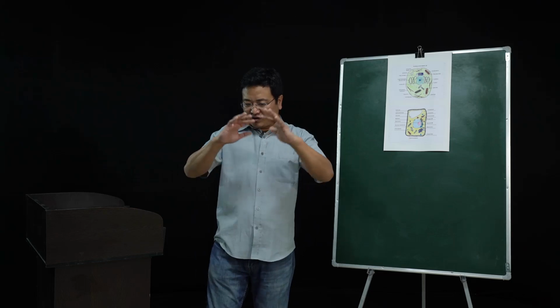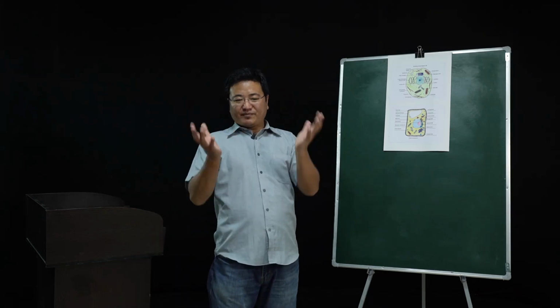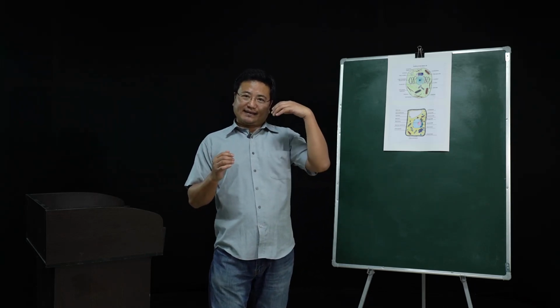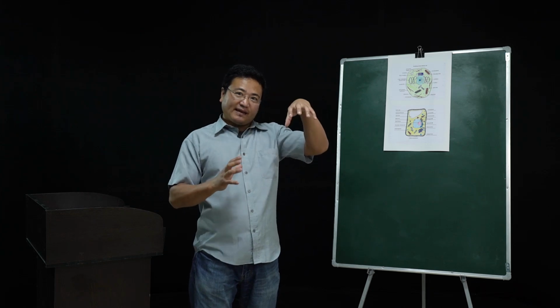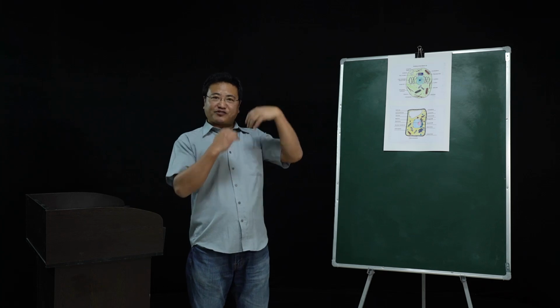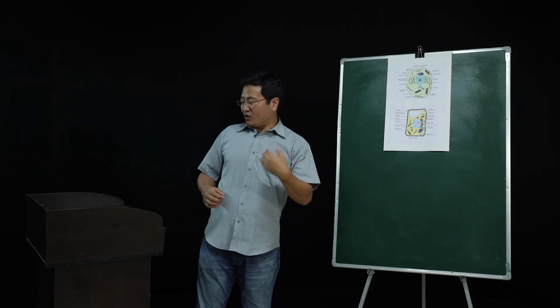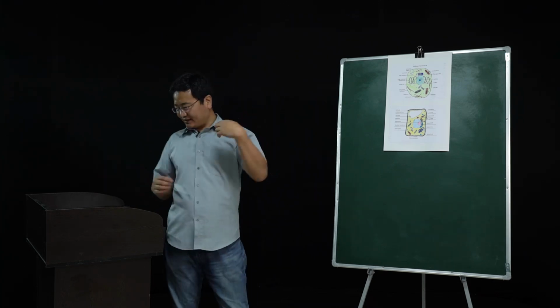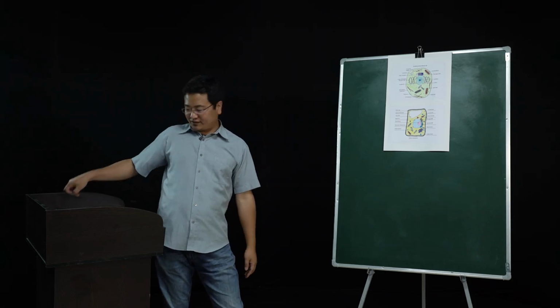Now, to remember all these names that I have said, let's look at the diagram of an animal cell and the diagram of a plant cell and try to see what the different organelles are that I had talked about.